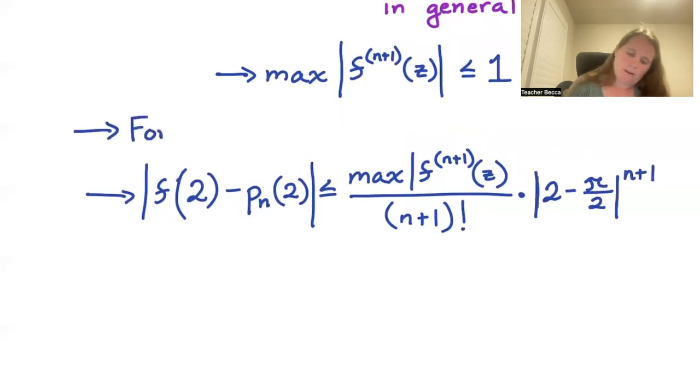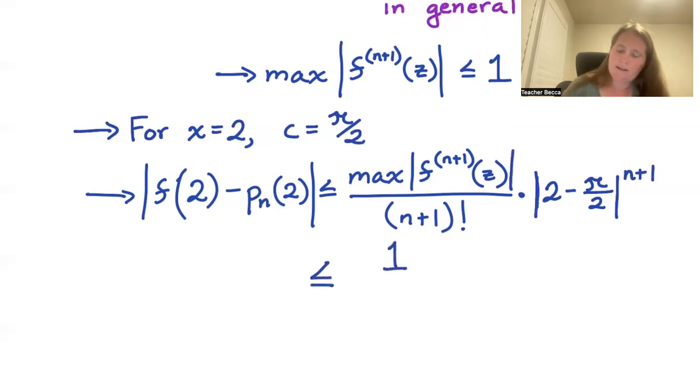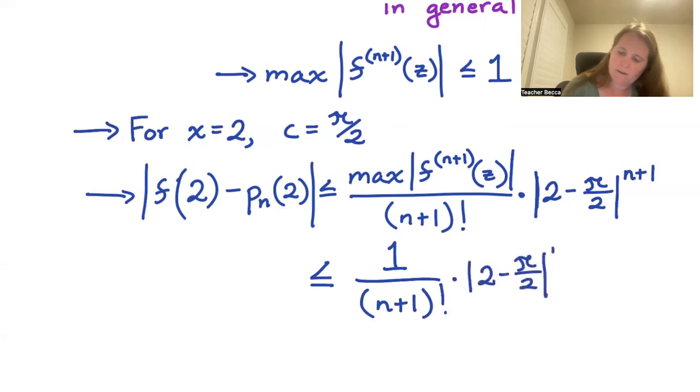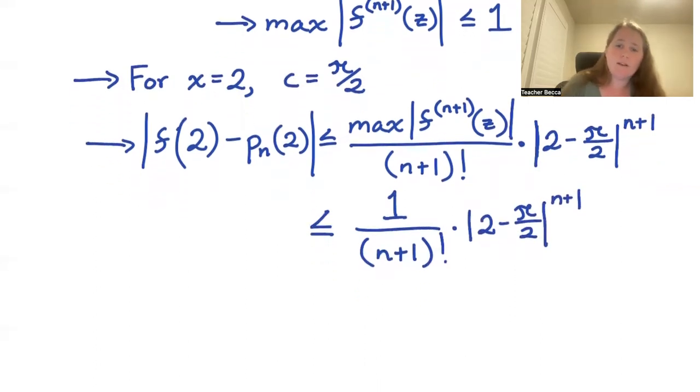So we had x equals 2, c equaling pi over 2. This is going to be less than or equal to 1, since that max has to be less than or equal to 1, over n plus 1 factorial times the absolute value of 2 minus pi over 2 raised to the n plus 1. We wanted to focus on n equaling 5.